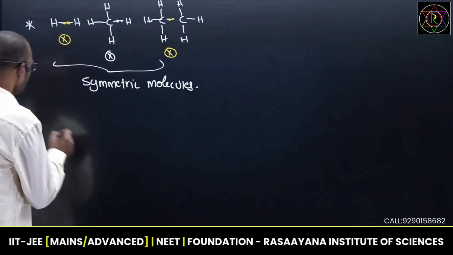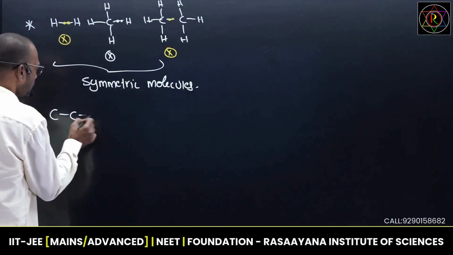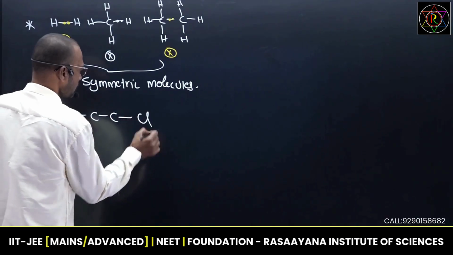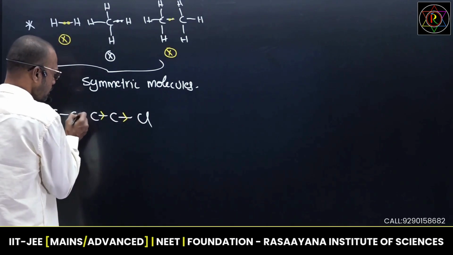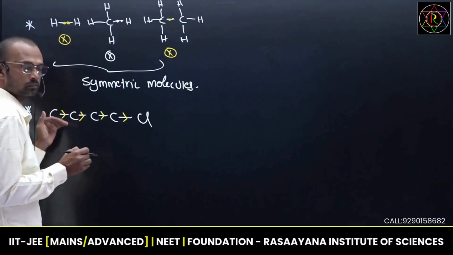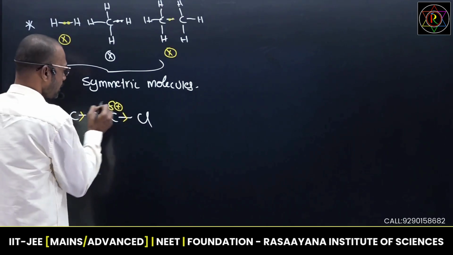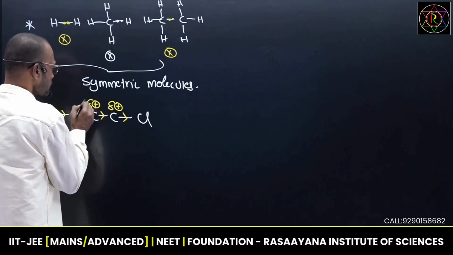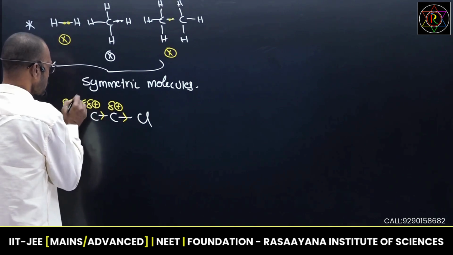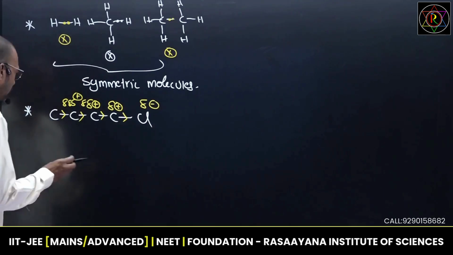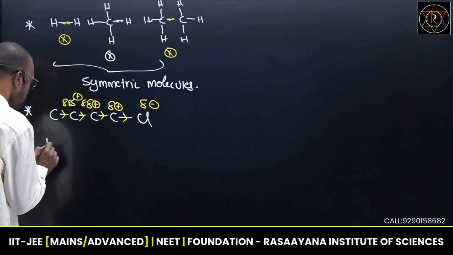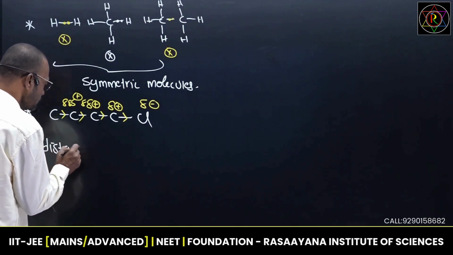Then suppose a molecule has a chain of carbons and one element is highly electronegative, which is withdrawing electrons. Electron density keeps moving from one carbon to the next carbon. Now here it is partial positive, and here also partial positive, and this one carries partial negative. Remember, the inductive effect depends upon distance. It is a distance factor.